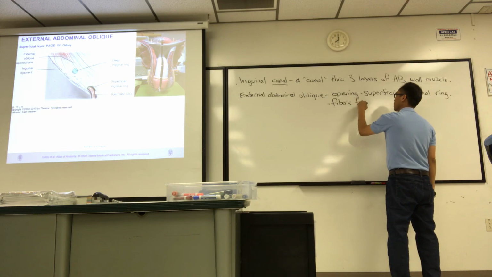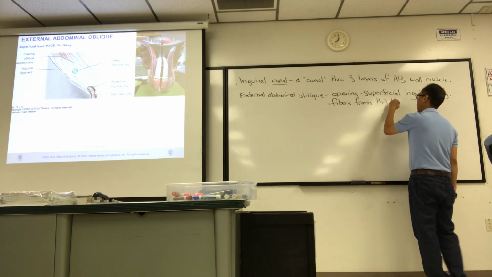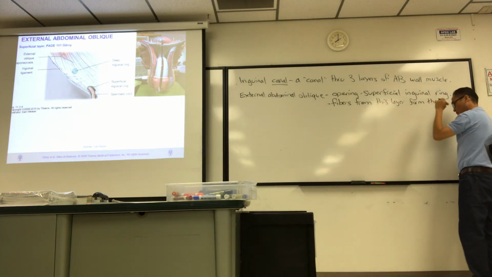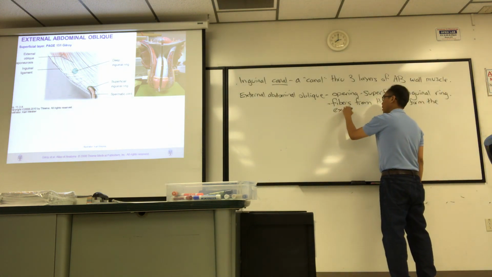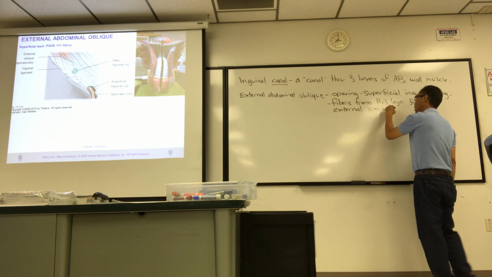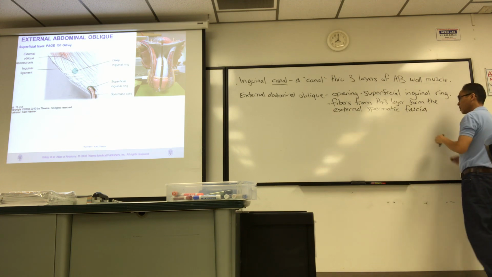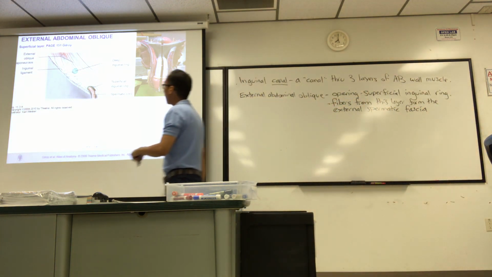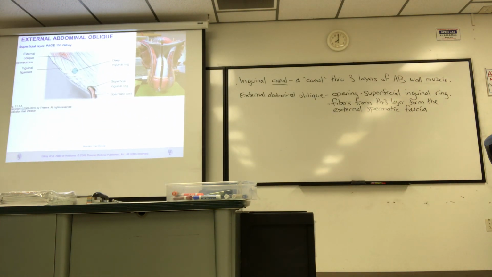Fibers from this layer form the external spermatic fascia. They don't really show that later here, but we will see it in other pictures.